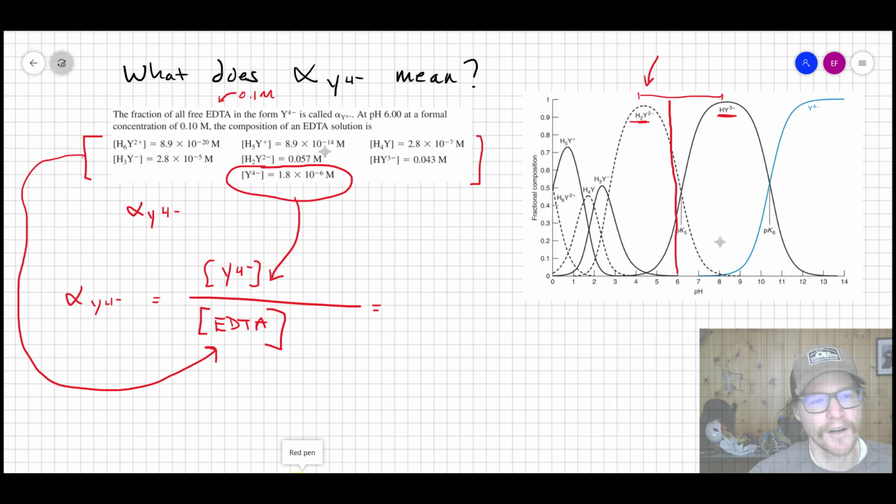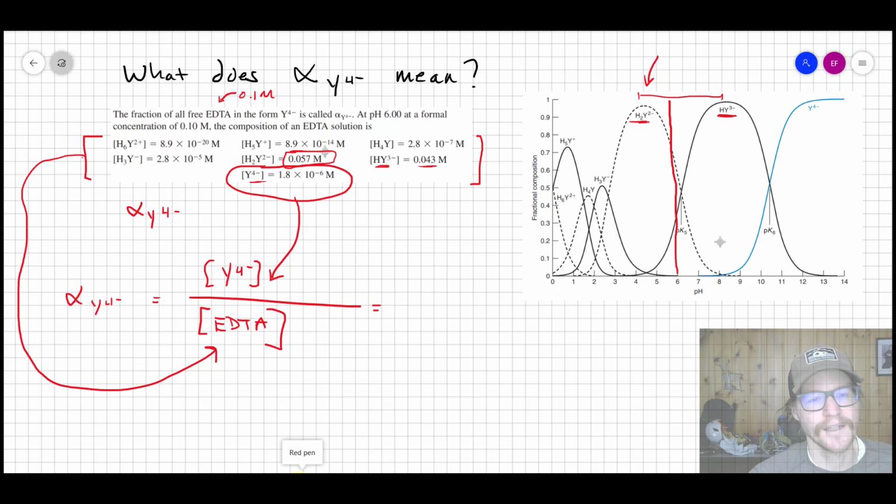And we can look back at our numbers here and you'd say, okay, H2Y2-, yep, that is the highest concentration, 0.057, simply because we know that from the curve, and probably HY3-, which is right here, will be the next highest, and it is 0.043, and then everything else is going to be in quite low concentrations, especially the Y4-.